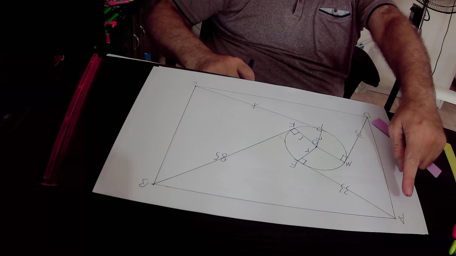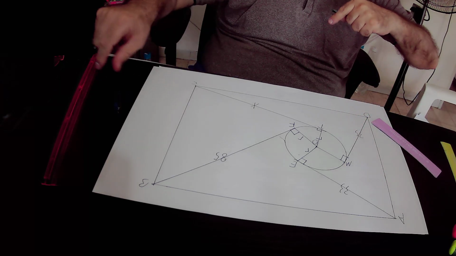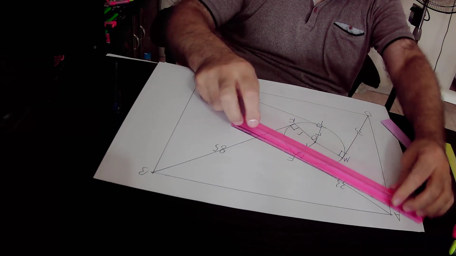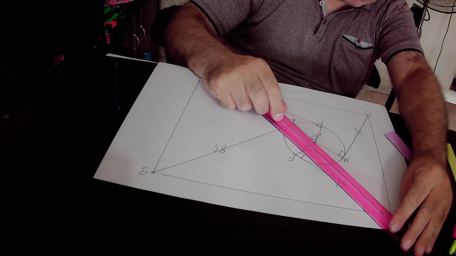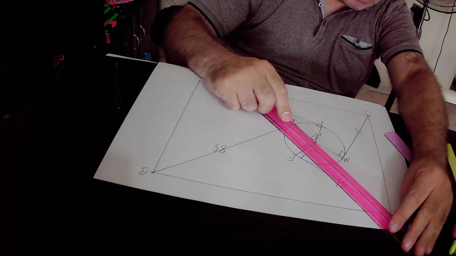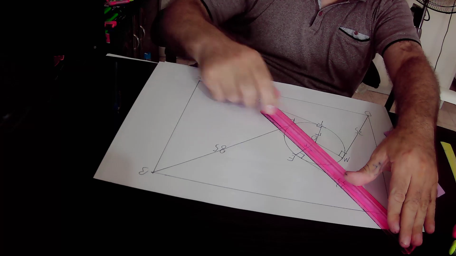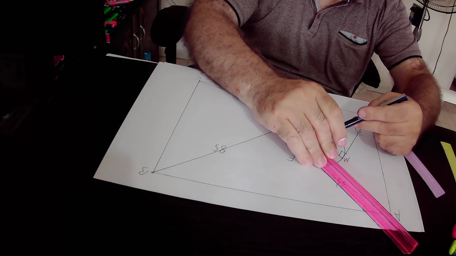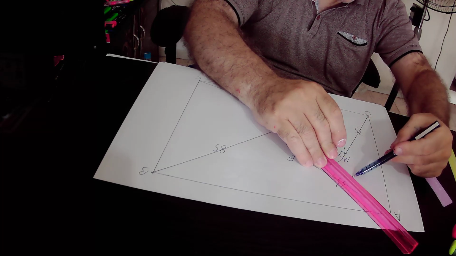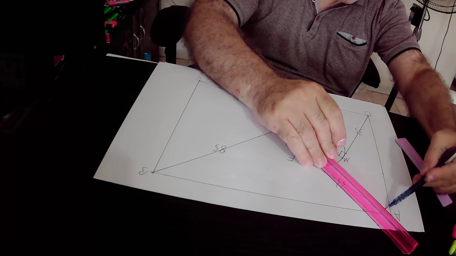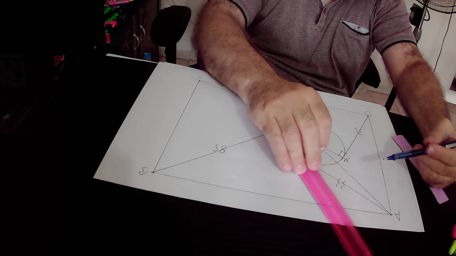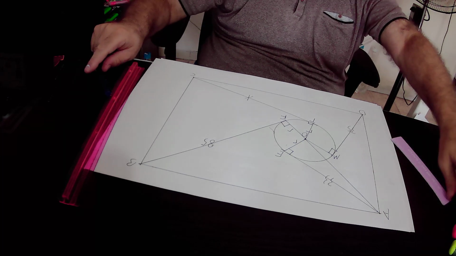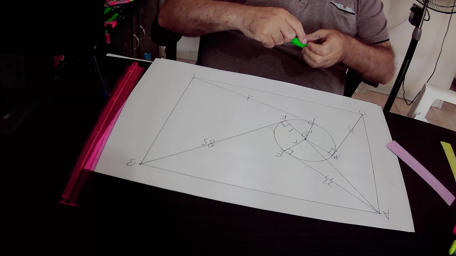In the next step, we join points A and O together by a straight line. So here, by joining points A and O, we create the right triangle, triangle AOE.